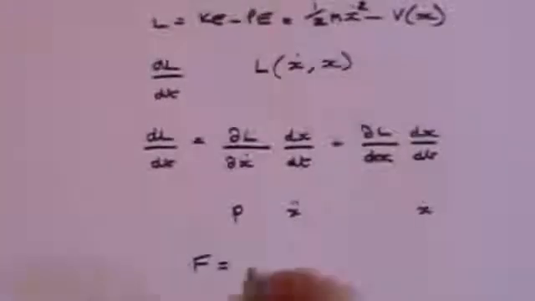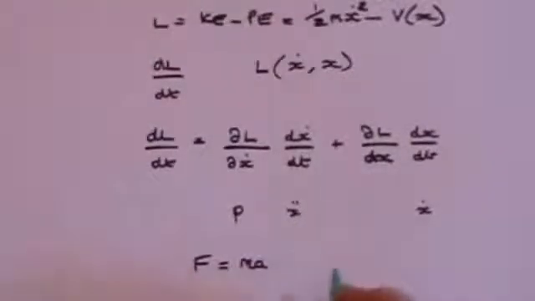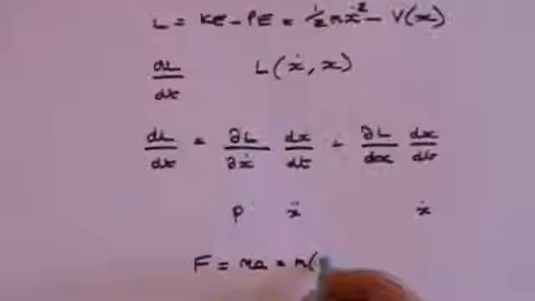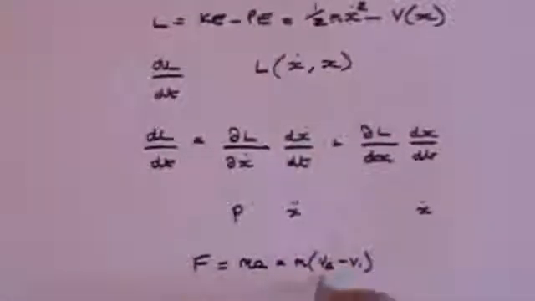The force is mass times acceleration. And acceleration is rate of change of velocity, (v2 minus v1) over t. And that is equal to (mv2 minus mv1) divided by time. But mv2 is the final momentum, mv1 is the initial momentum, and so you've got the change of momentum divided by time.